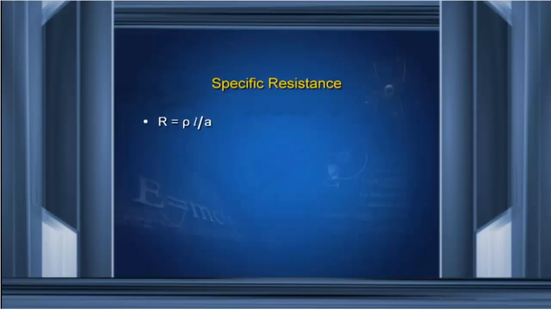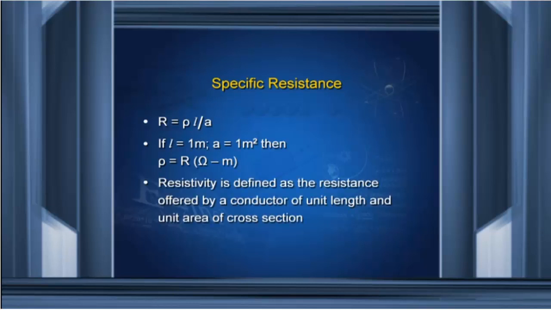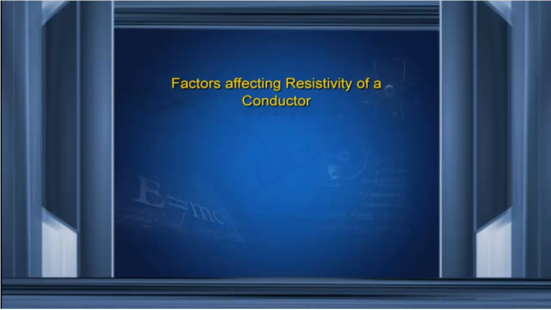As we have seen, R equals to rho, the specific resistance, L divided by A. If we want to define this specific resistance, then we have to take length L equals to 1 meter, area of cross section of the conductor A equals to 1 meter square, then we get rho equals to R ohm meter. So resistivity is defined as the resistance offered by a conductor of unit length and unit area of cross section.